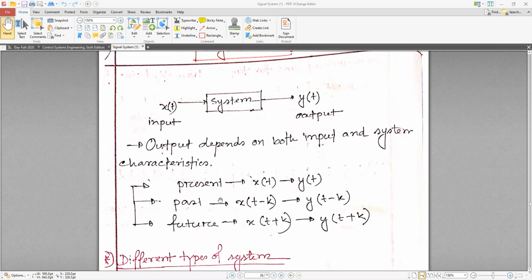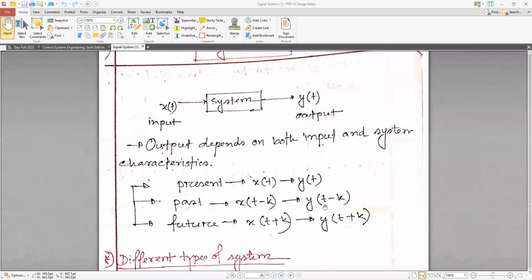The output also depends on this. Like, say, present x(t): if I put x(t), then I'll get y. Past is t minus k, which means we are going to the past.